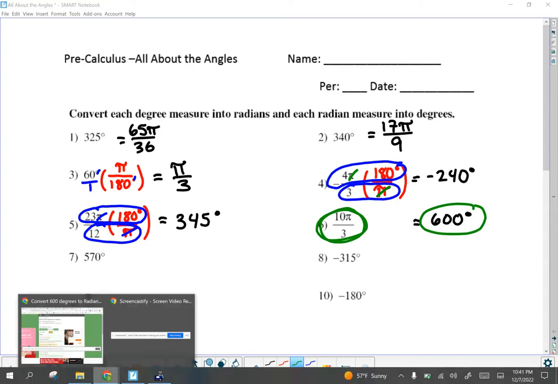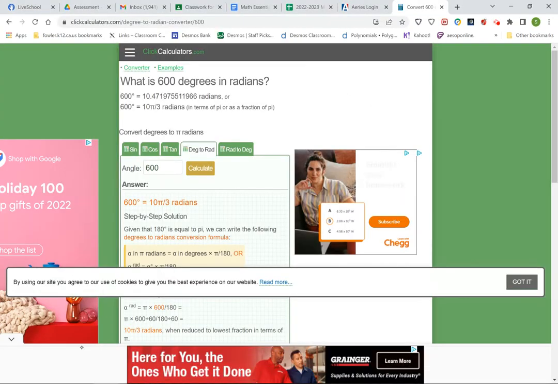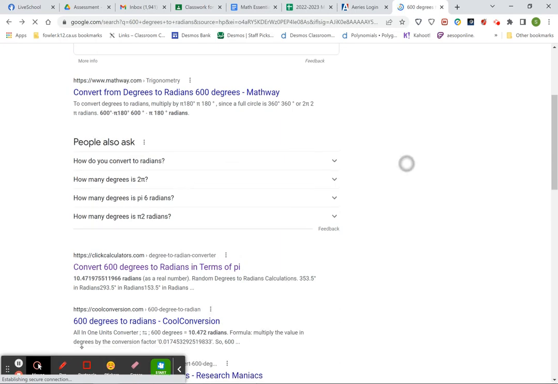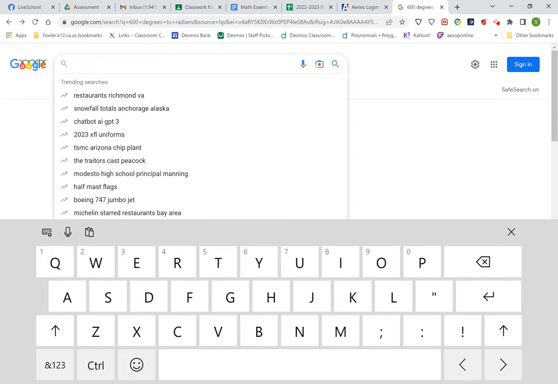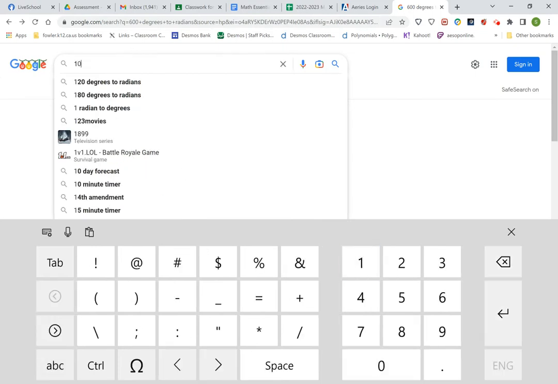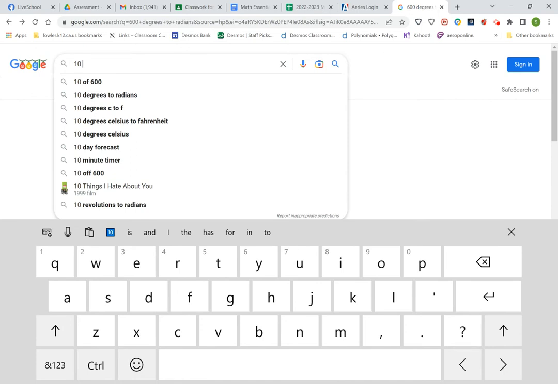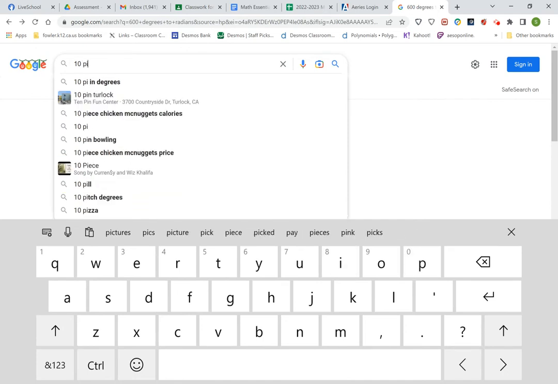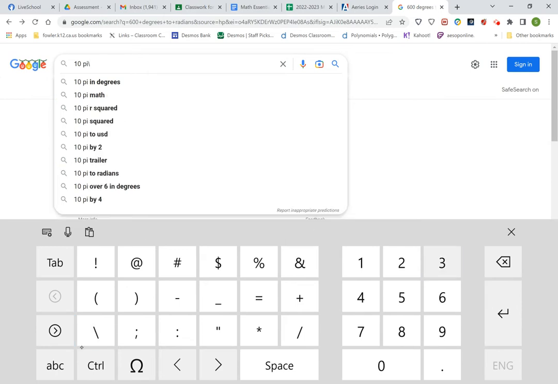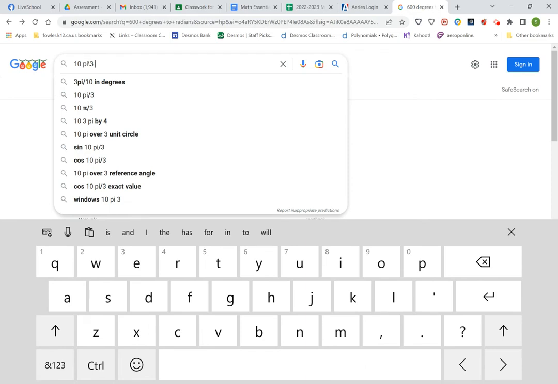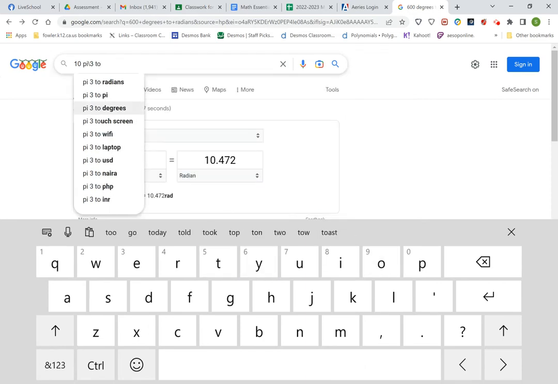Let me do a quick search again. Let's see if that works. Let me see if I can actually type that in. So I'm gonna type in 10 pi divided by 3 to degrees, right?